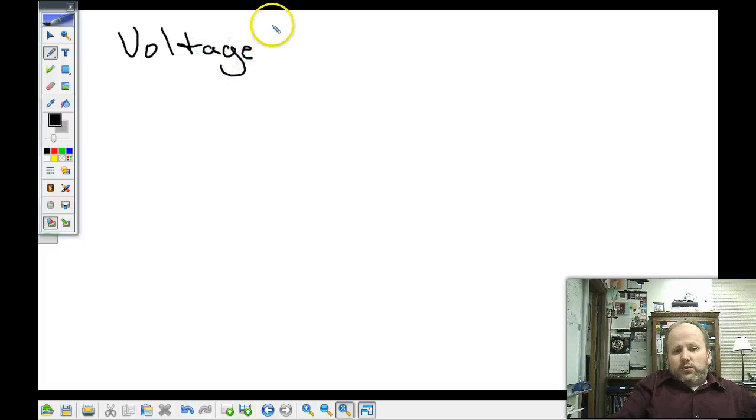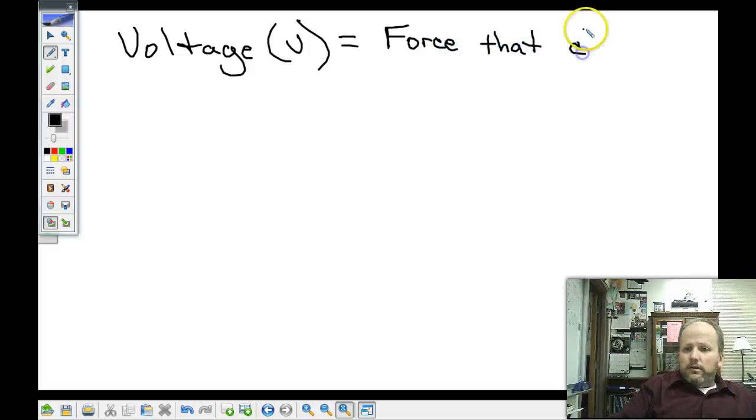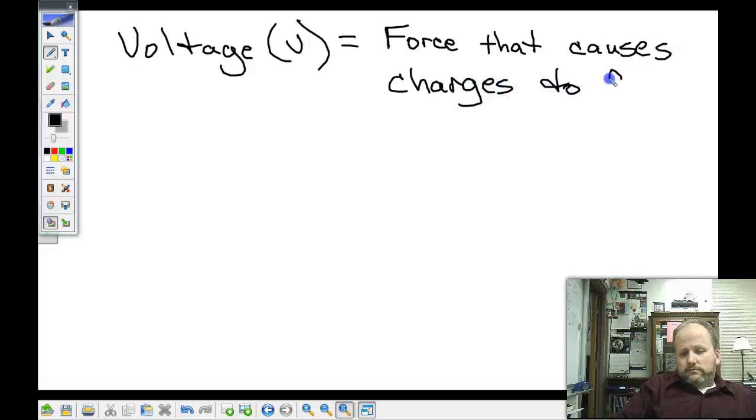Voltage is abbreviated when we talk about it with a capital V. Your book says that voltage is related to the force that causes charges to flow. I like to think about voltage in terms of it basically being an electron pump.